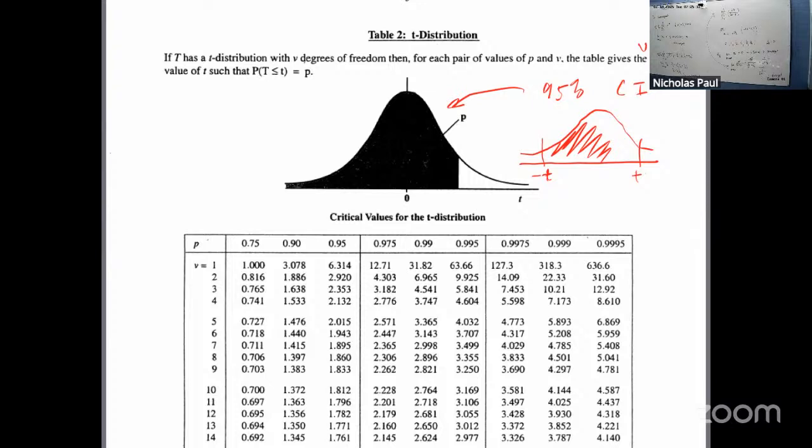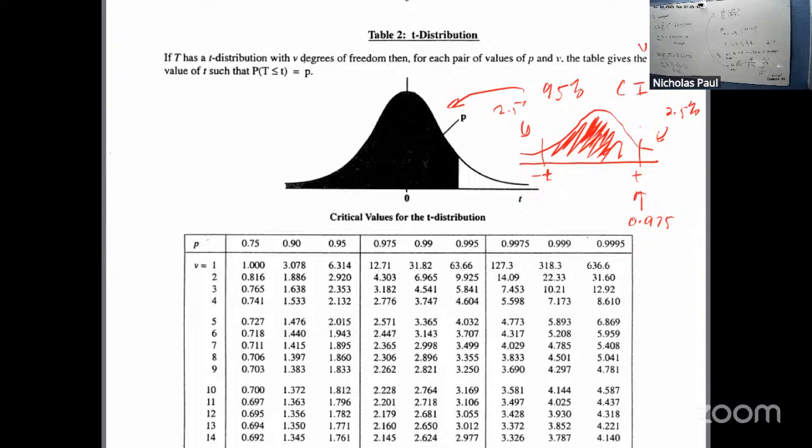So you would have recognized that if this piece in the middle is 95%, then outside here and here will be half of 5%, so that'll be 2.5% each. So for us to get this value, this entire probability here would be 0.975 or 97.5%.